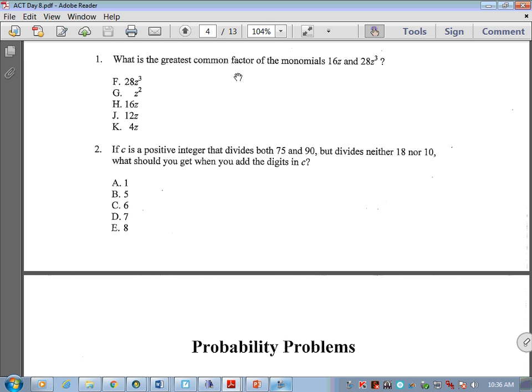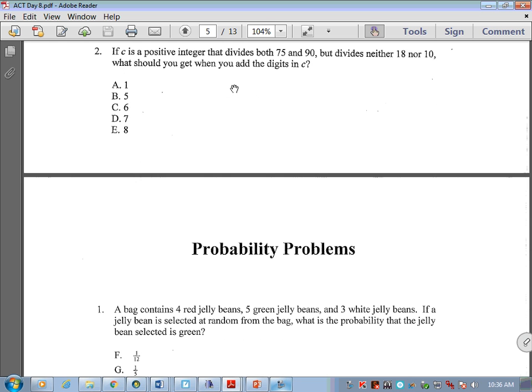Yeah, 4 times. Will 4z go into 28z cubed? Yeah. And what does that come out to? Is it 7 times? So it should be 7z squared, right? If I multiplied it by 7z squared, 4z would go in. Does that kind of answer where you're hoping to get with the greatest common factor questions, is what will go into what evenly?